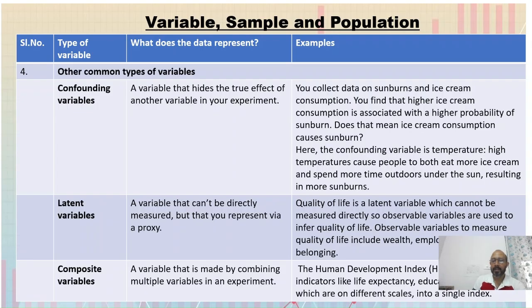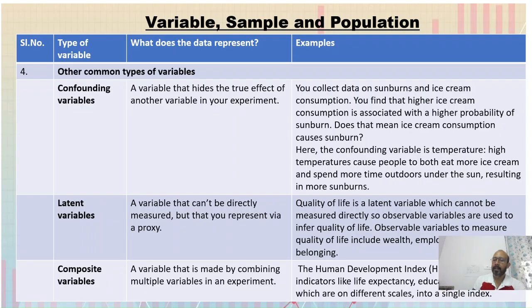Latent variable: a variable that cannot be directly measured but that you represent via a proxy. Quality of life is a latent variable which cannot be measured directly, so observable variables are used to infer quality of life. Observable variables to measure quality of life include wealth, like EWS, economic weaker section, employment, maybe labor, daily wages, and social belonging.